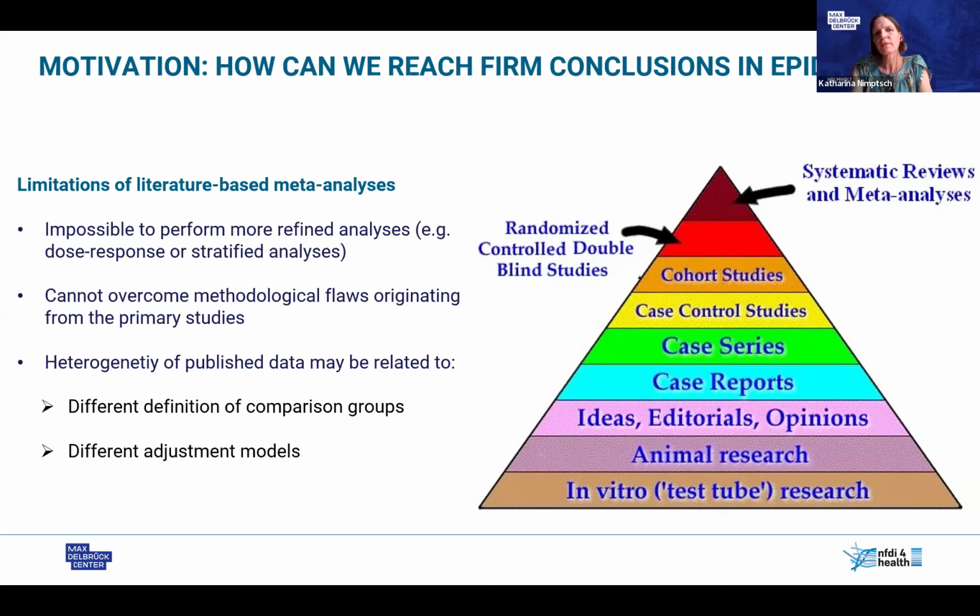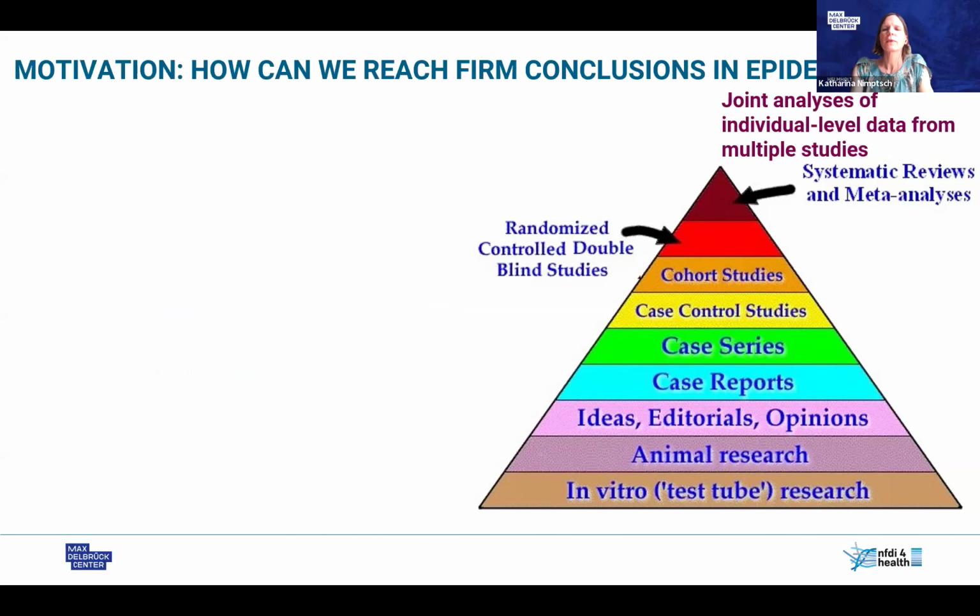If the original studies have methodological flaws, we cannot overcome those. And we often see heterogeneity of the published data, which also may be related to different definitions of comparison groups and different adjustment models. So these are all things that we can overcome with joint analysis of individual level data. So this should be even on the top of the literature-based meta-analysis in the pyramid of evidence.